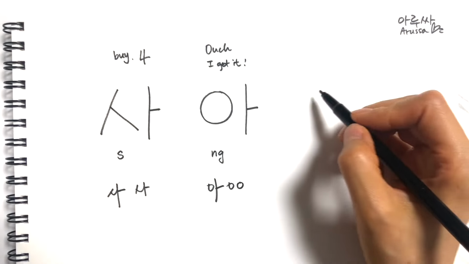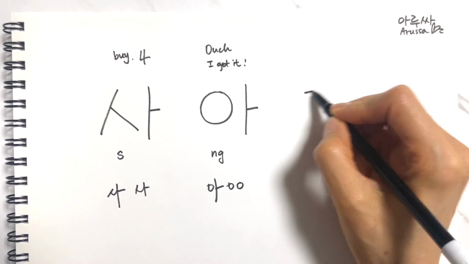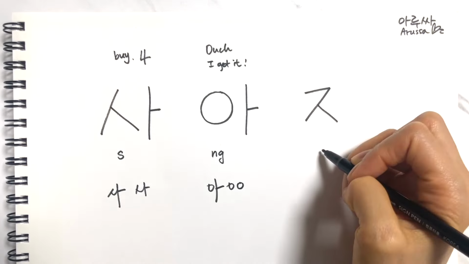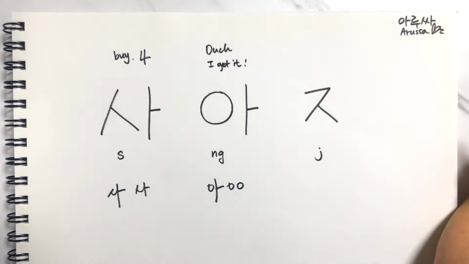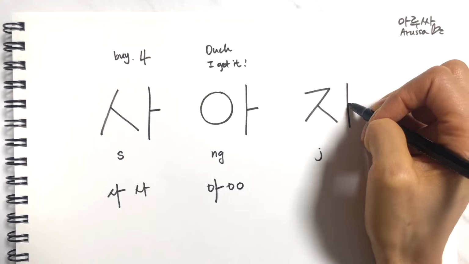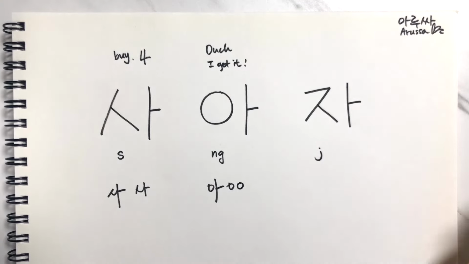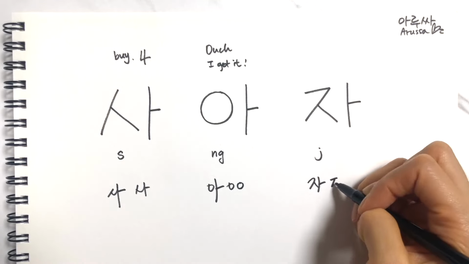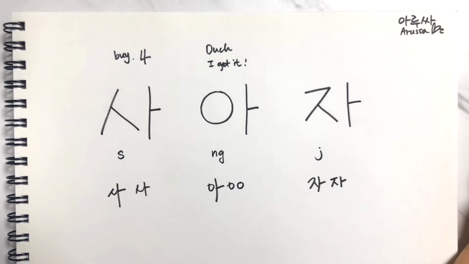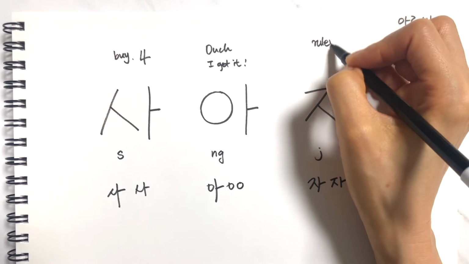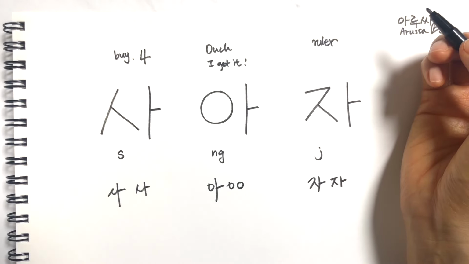자, 지읒. Sounds j. Put the vowel sound a. 자. Some people could write it like this. 자 can mean a ruler. And what else?